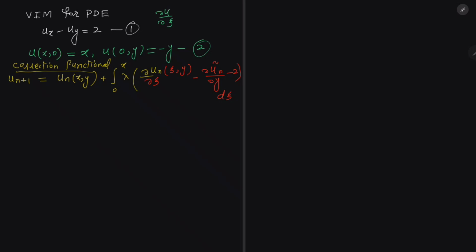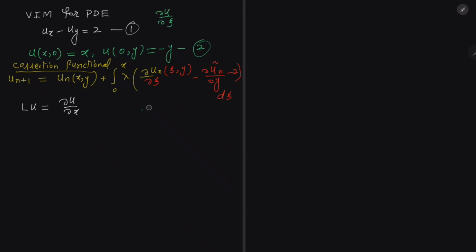Now, first we need to understand what lambda is over here. Since our linear operator is partial u by partial x, although partial u by partial y is also linear, we are interested in only one linear operator, since according to the theory, when we have a first derivative alone, then lambda is equal to minus 1.